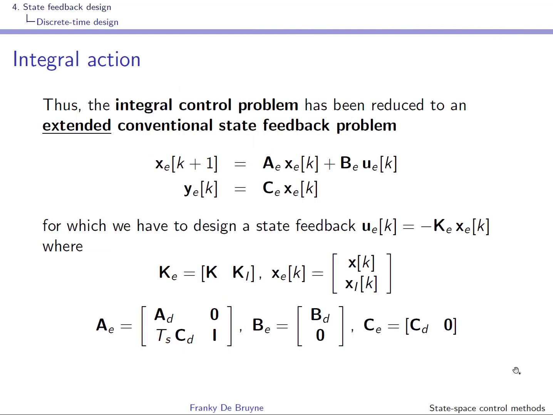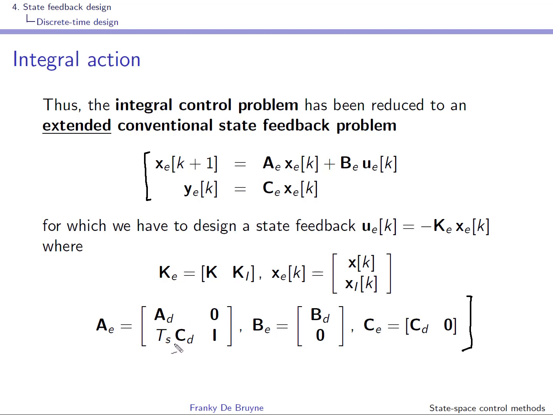So here's a summary. Here's the extended state space description of the system for integral action with the matrices A_E, B_E, and C_E that are given over here. Again, because this is leading to many mistakes in the control lab, these extended matrices A_E, B_E, C_E are different to the ones that are used for continuous time design. So when you implement integral action in discrete time, pay attention not just to copy what you did for continuous time design, because the matrices are different.